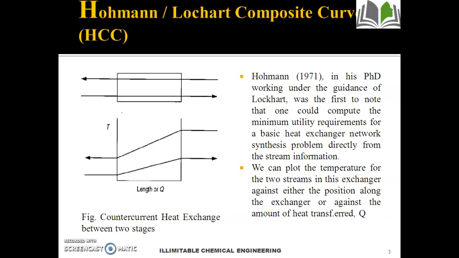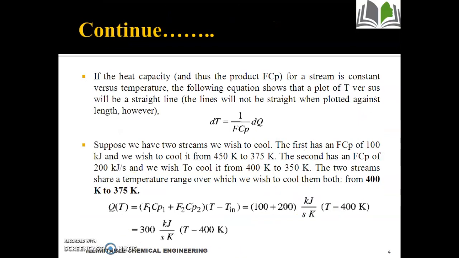We'll plot the T versus Q diagram for the heat exchanger network. Here it is shown the countercurrent heat exchange between the two streams. Now if we have a constant heat capacity FCp for the stream, the following equation shows that a plot of T versus Q will be a straight line.